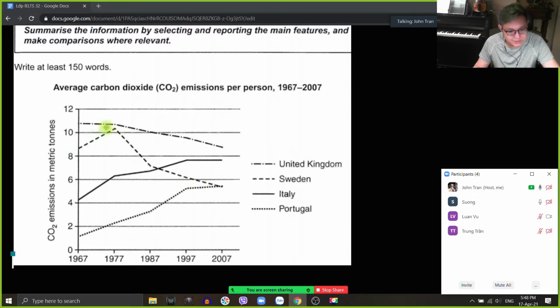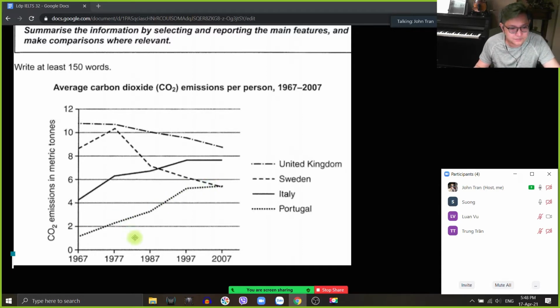Cái đường mà đứt đoạn thế này gọi là của Sweden nè. And this continuous line is basically for Italy. Cái đường mà liền mạch như thế này gọi là của nước Ý nè. And this line made up of dots or dotted lines, it's for Portugal. Cái đường mà toàn chấm không này nó gọi là cho Bồ Đào Nha.